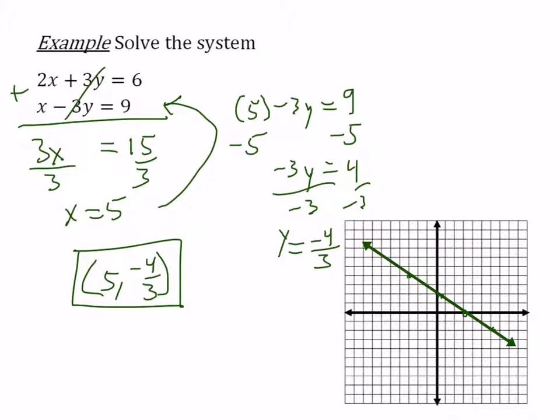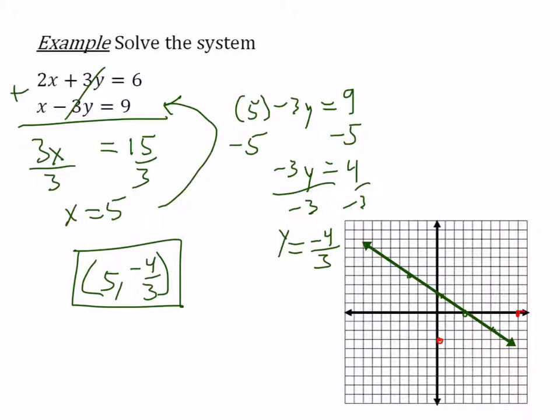Okay? And then this other one here, when y is 0, x is 9. So we have an x-intercept of 9. And when x is 0, y goes away, and x would have to be negative 3. So 1, 2, 3.